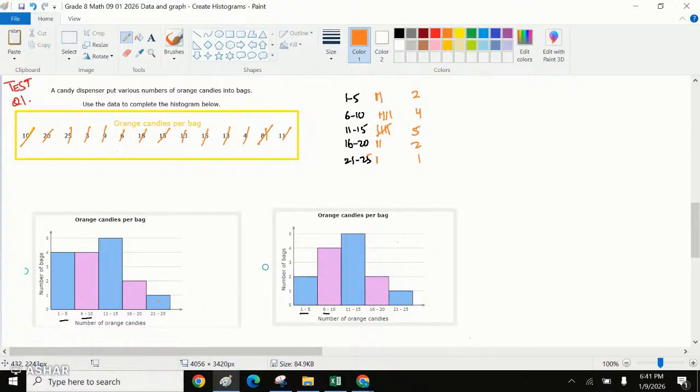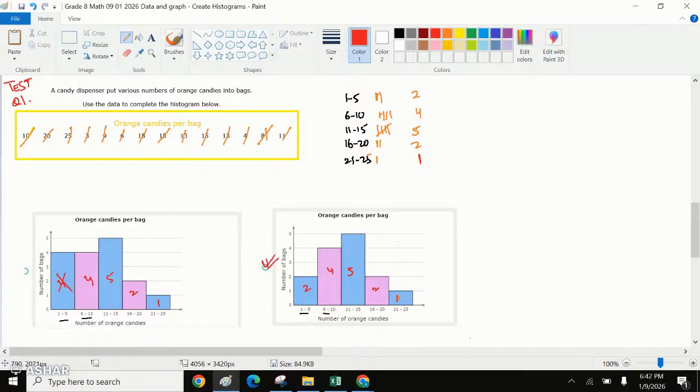Both of them are 1 over here. The height is 1, then this is fine. This height is 2, this is 2. This height should be 5, this is 5. This height should be 4, this is 4. But this height should be 2, this is 4. That means option B is the correct answer.